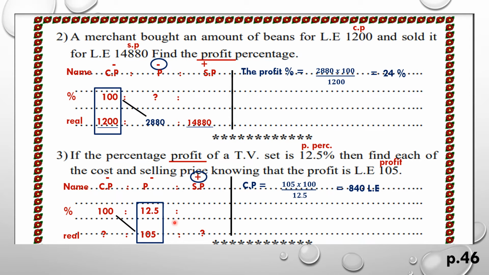So we are going to add the other two numbers in the same row, which are 100 and 12.5. 100 plus 12.5 equals 112.5%. Now we have a completed cross. We can use cross multiplication. Selling price equals 105 times 112.5 over 12.5 equals 945 LE.